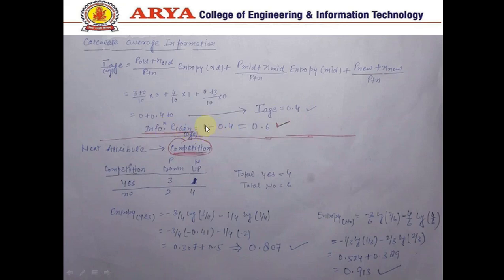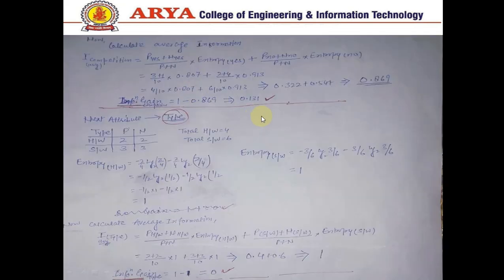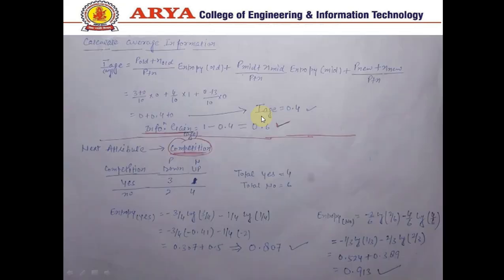Here a term is missed, so please consider it. Here we calculate all the values, and the average information for age is 0.4, and information gain can be calculated by entropy minus average information. So here the information gain for the attribute age is 0.6.